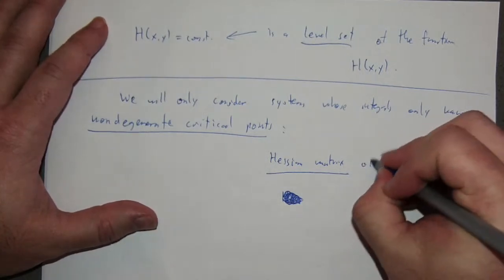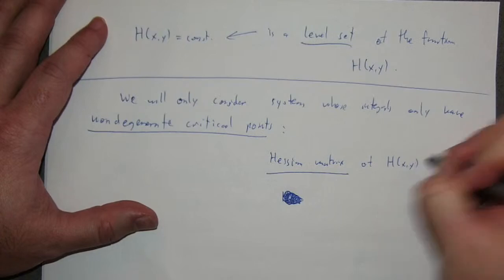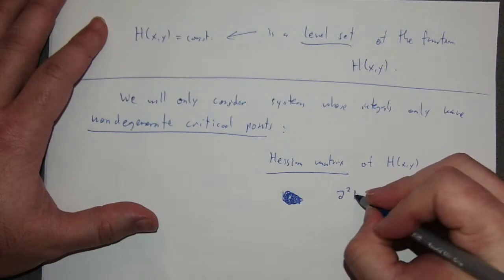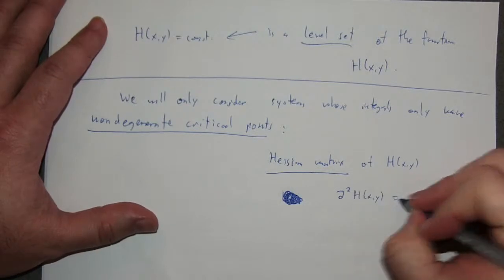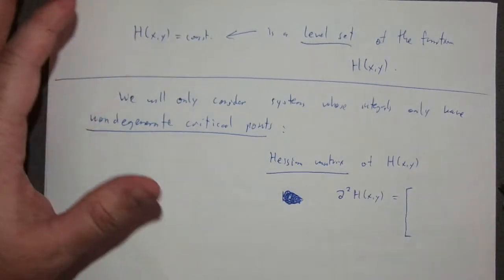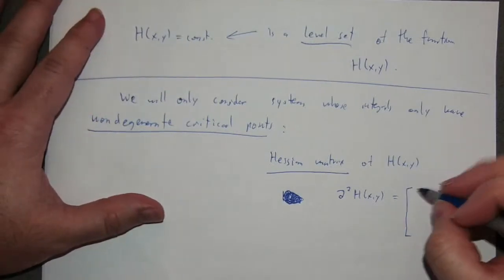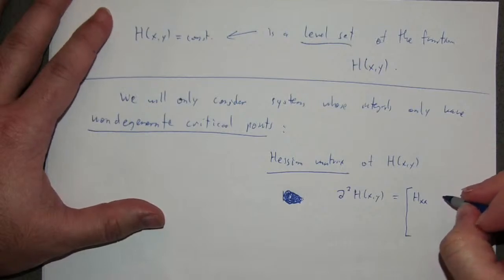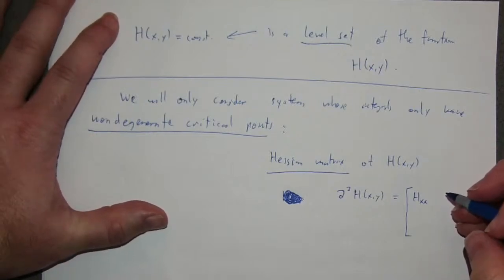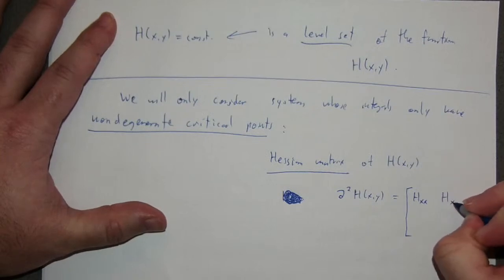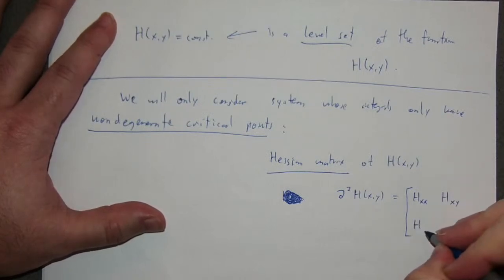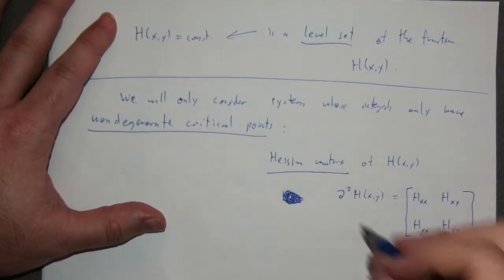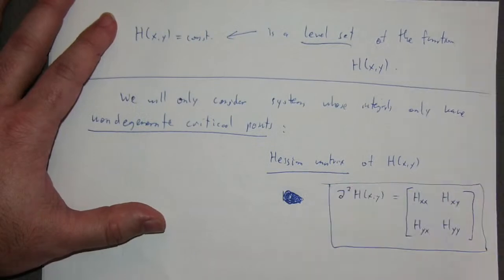So the Hessian matrix of h of xy is a matrix consisting of the double x partial of h in the first slot, the xy partial in the second slot, the yx partial in the third slot, and the yy partial in this last slot.